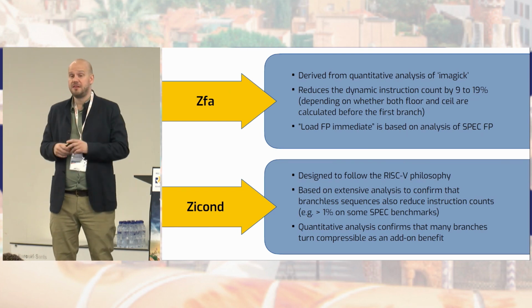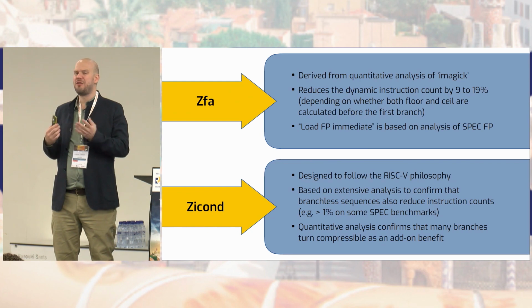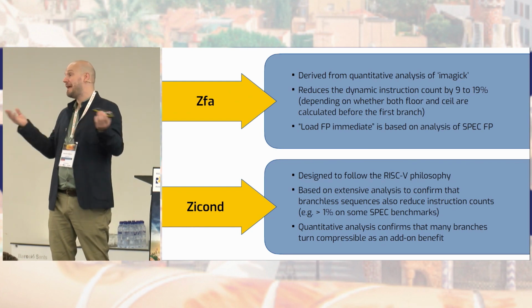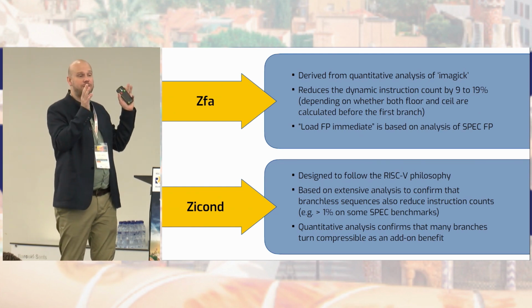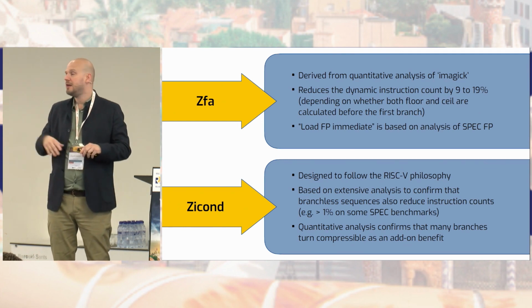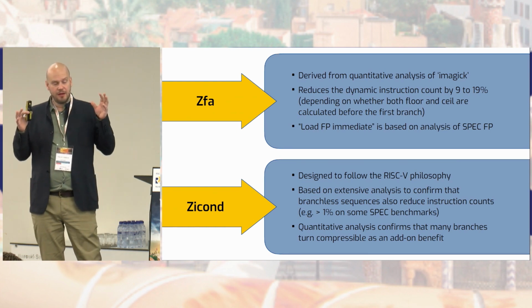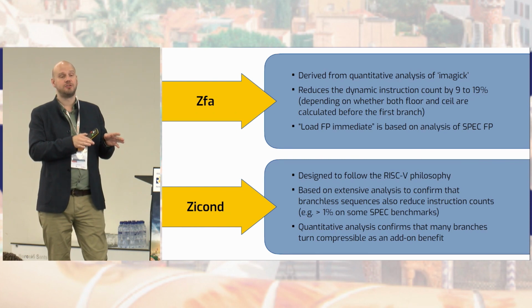One example is CFA, the floating point gap fillers. Doesn't really sound like a very glorious instruction package, I mean, gap fillers. But these instructions are actually derived from quantitative analysis of SpecFP and other workloads, and they are really designed to reduce dynamic instruction count.